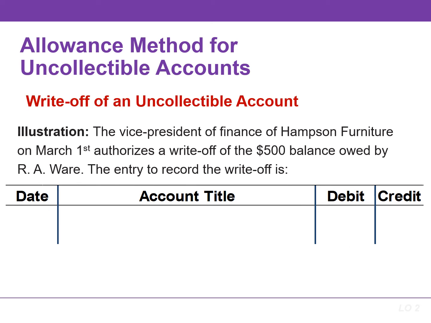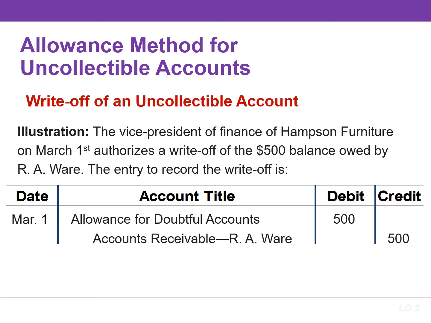To illustrate, assume that the Vice President of Finance of this company authorizes a write-off in the amount of $500 for the balance owed by R.A. Ware. The entry to record the write-off is a debit to allowance for doubtful accounts in the amount of $500 and a credit to accounts receivable R.A. Ware for the same amount.